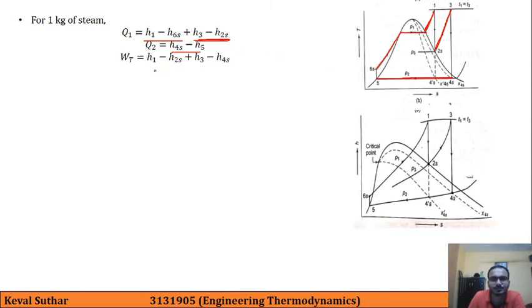Now WT, that is H1 minus H2S, that is the work output. That is the first portion is this, H1 minus H2S, and the next portion is H3 minus H4S. That is over here. So this is one more work output that is happening. Now WP is H6 minus H5, that is over here.